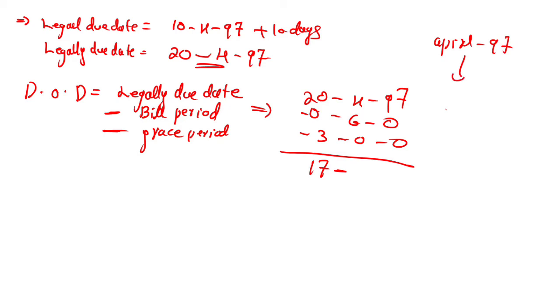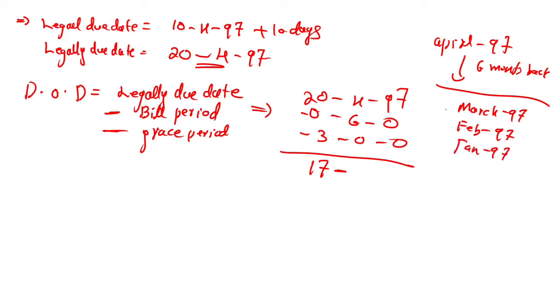From April 97, 6 months back. Why back? Your subtraction is there. First month you will get March 97, then February 97, January 97, then December 96.